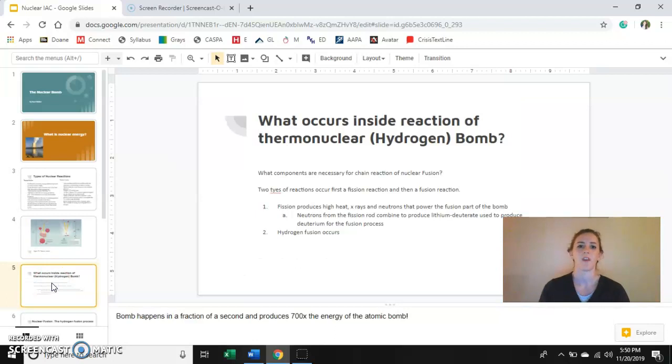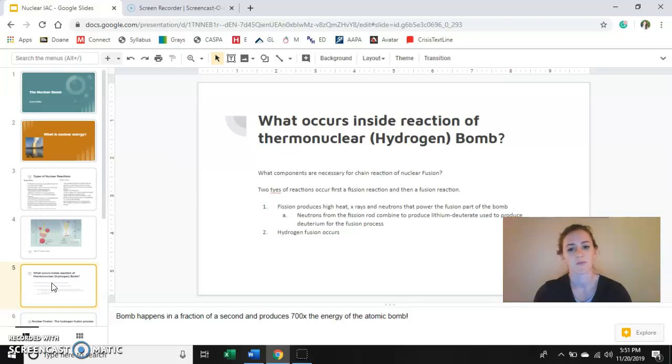There's a lot that happens inside the thermonuclear bombs. Like I mentioned, the first reaction that would have to occur is a nuclear fission reaction, and this reaction produces the high heat that is needed for the hydrogen fusion to occur. Fission also produces X-rays and an abundance of neutrons that will also contribute to the fusion part of the reaction.